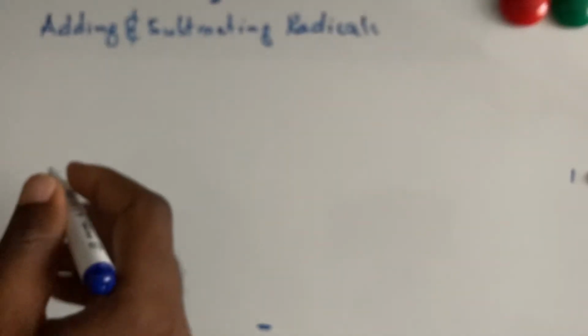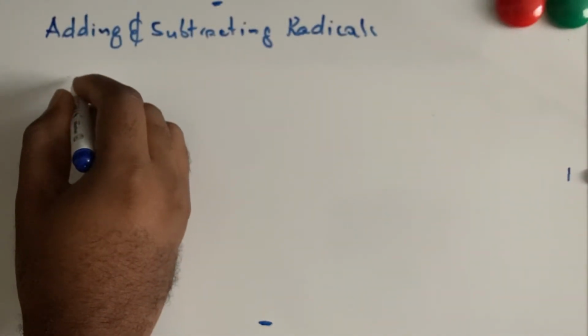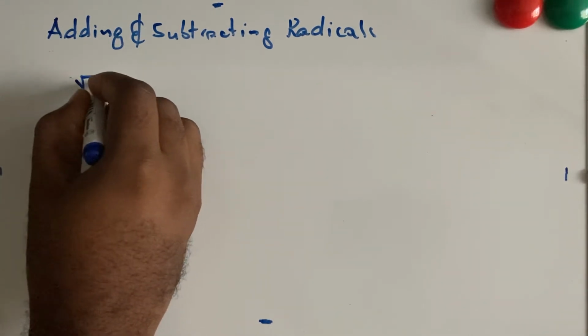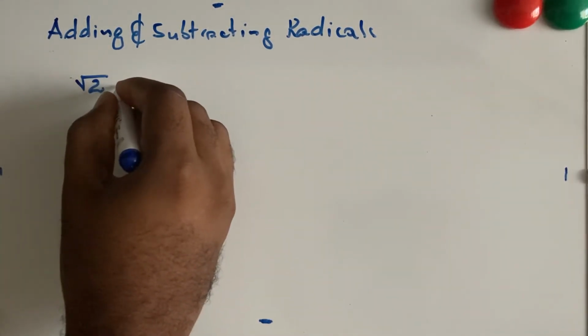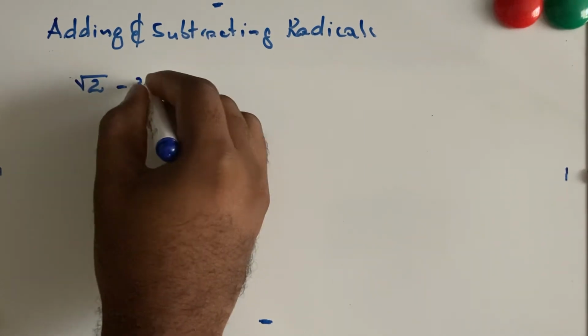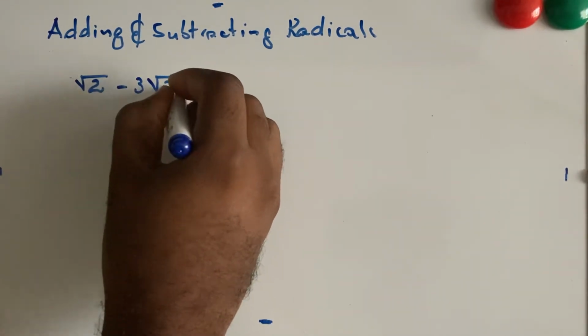Now, adding and subtracting radicals. Let's say you had something like this one, square root of 2 minus 3 square root of 2.